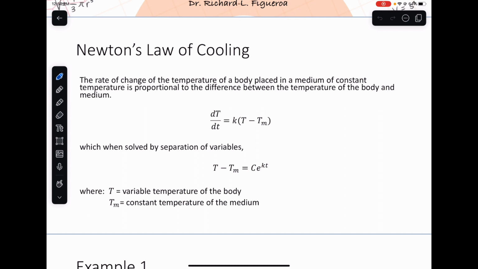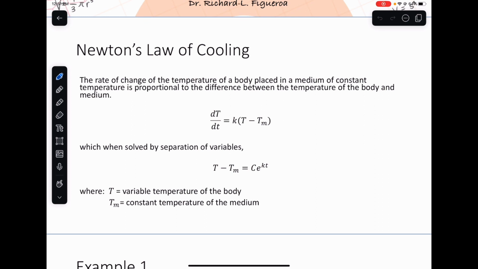There are various applications for Newton's law of cooling. Let's say we want to determine how a certain object changes its temperature depending on its environment. But we have to take note that the temperature of the object can only go up to the temperature of the medium.